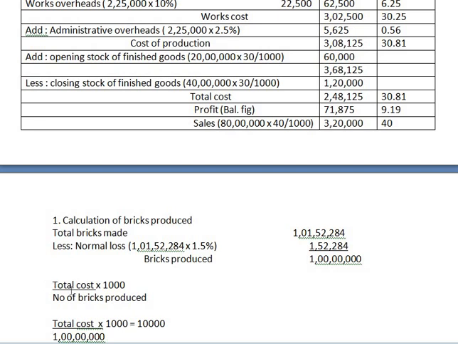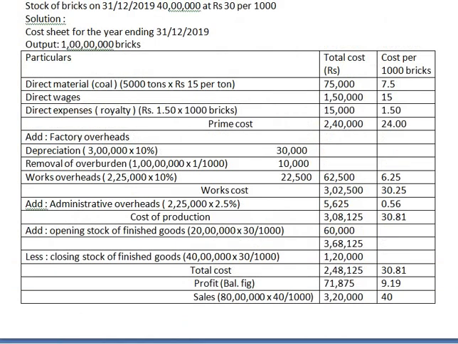That is total cost divided by number of bricks produced, as we are calculating it for 1000 bricks. So total cost divided by 1 crore into 1000, that is 10,000 bricks. So output you need to consider as 10,000 bricks and calculate cost per unit.